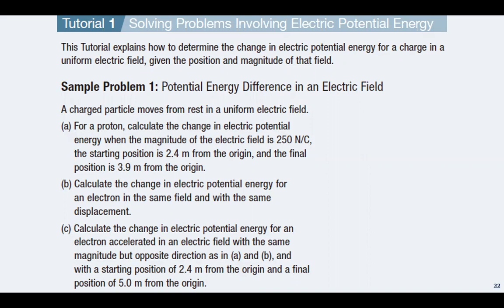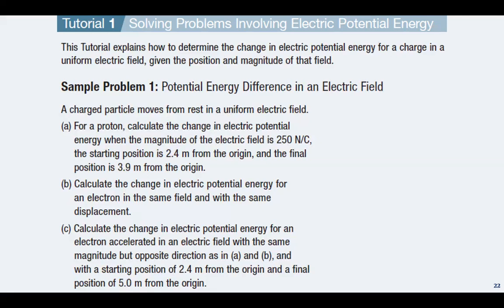B: Calculate the change in electric potential energy for an electron in the same field and with the same displacement. C: Calculate the change in electric potential energy for an electron accelerated in an electric field with the same magnitude but opposite direction as in questions A and B, and with a starting position of 2.4 meters from the origin and a final position of 5.0 meters from the origin.